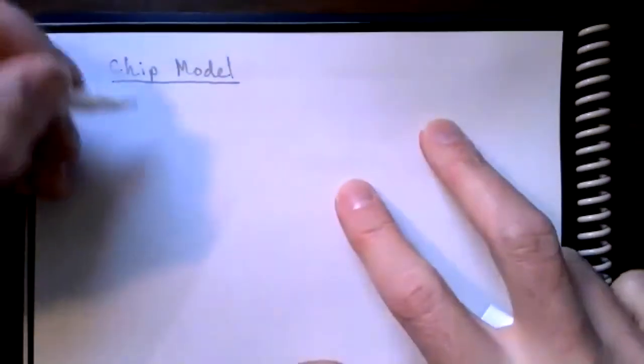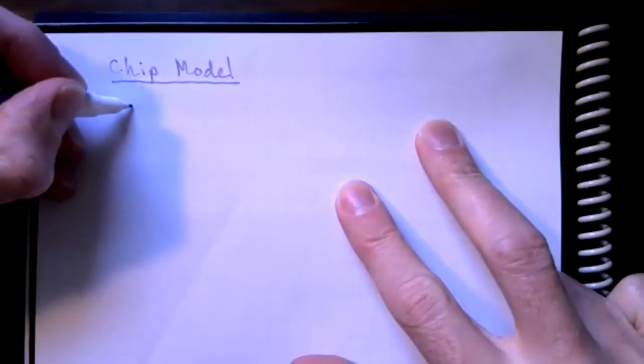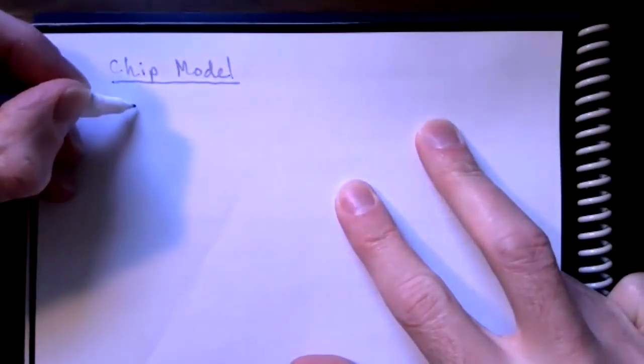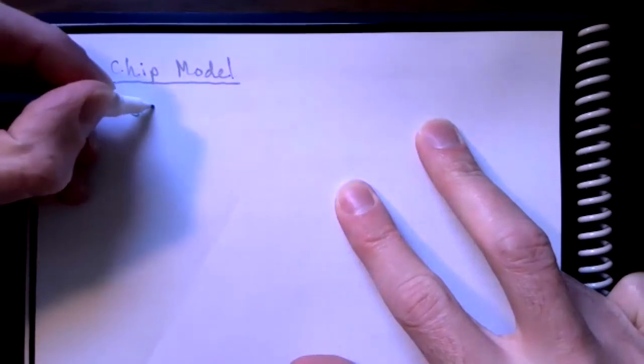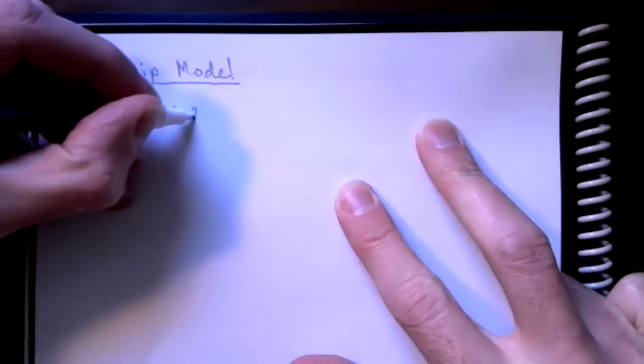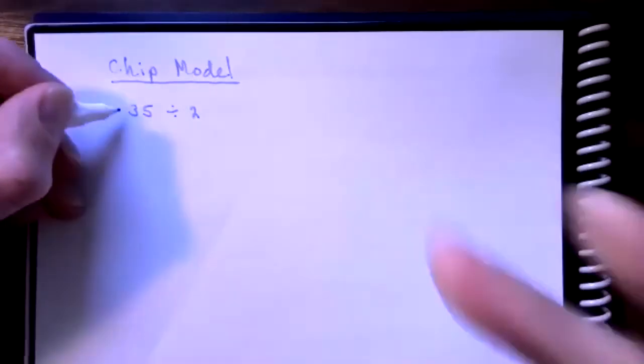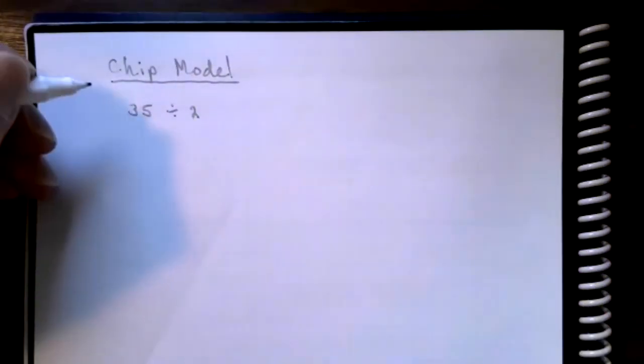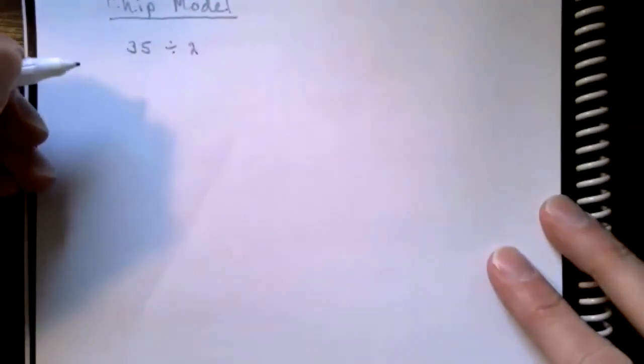Let me try this. Let me make it kind of small here. I'll do 35 divided by 2 in the chip model.